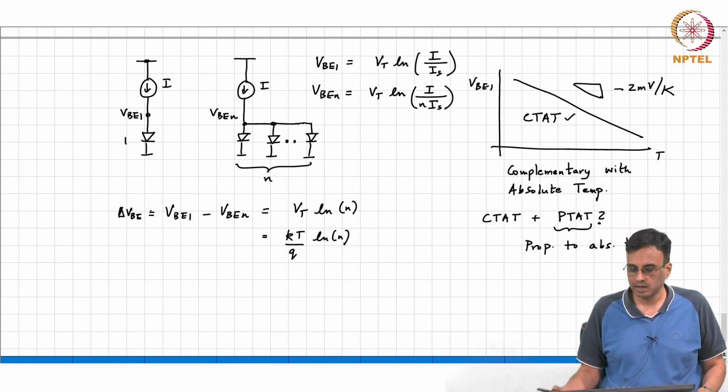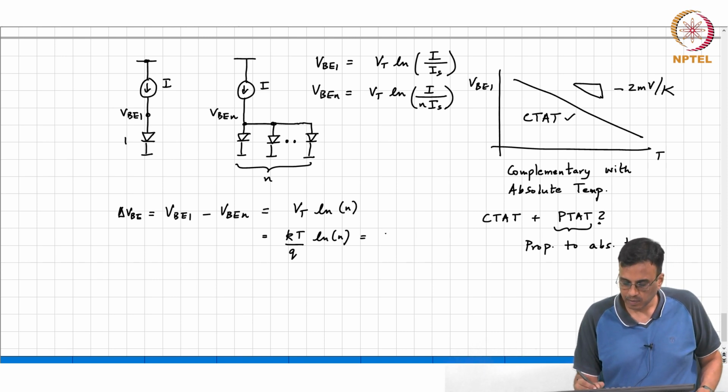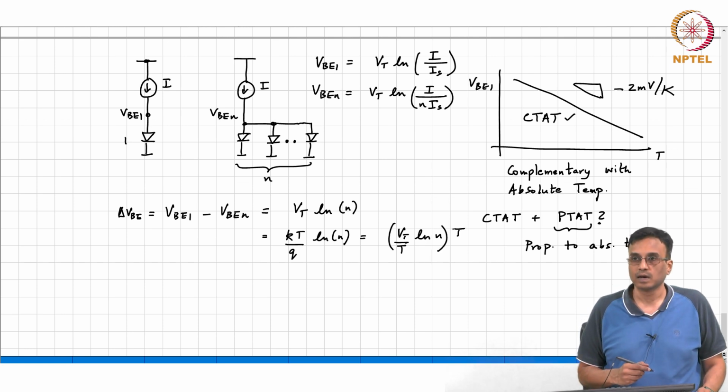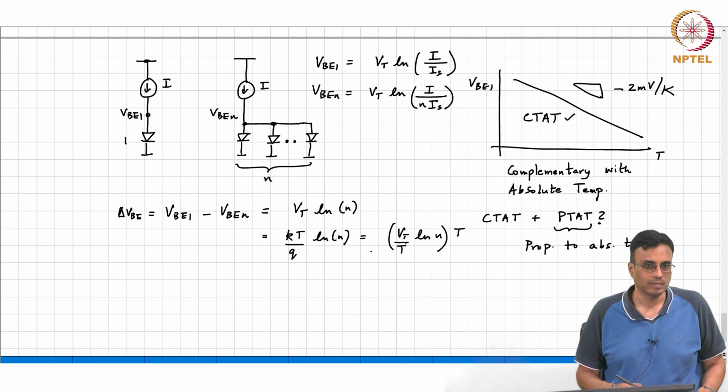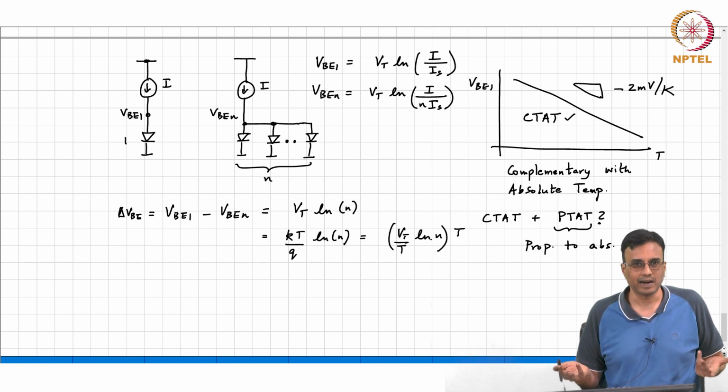k by q times ln n, which is basically nothing but VT by T times ln n, correct. So, the temperature coefficient is VT ln n by T. Okay, this is just easier to calculate instead of doing k by q, which I am sure most of you have forgotten what k is and what q is, right.